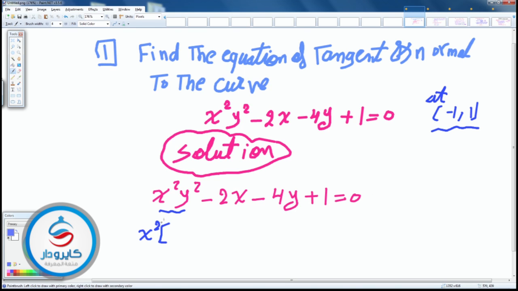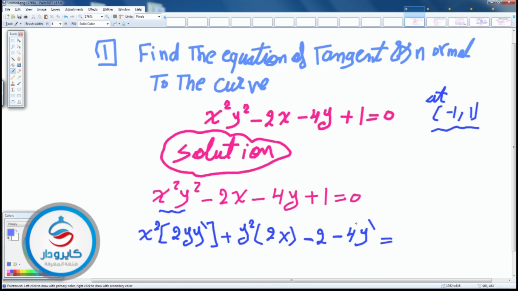Now we return back again to make the derivative. First, derivative of the second is 2y y dash, plus second times derivative of the first, which is 2x, because we differentiate according to x. Minus 2x, its derivative equals 2, minus 4y, its derivative will be 4y dash, equals derivative of 1, which is 0.